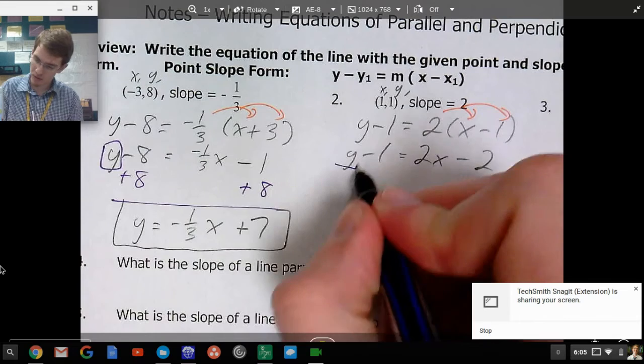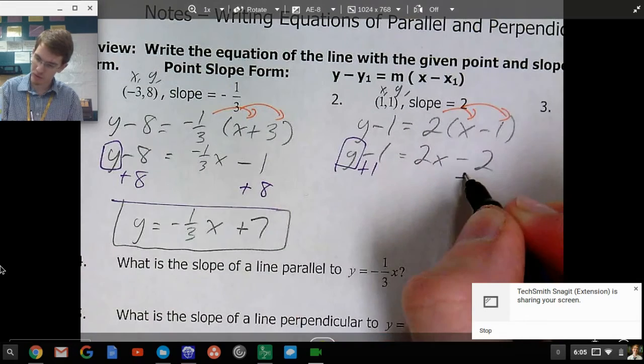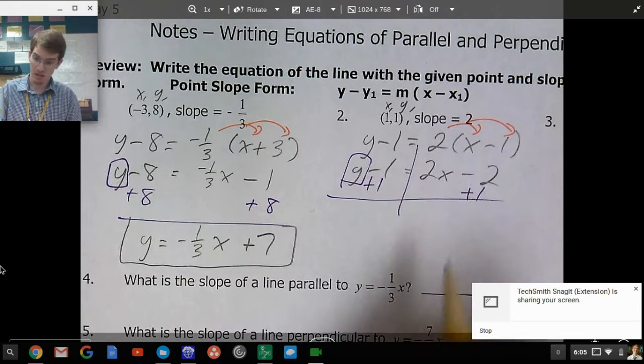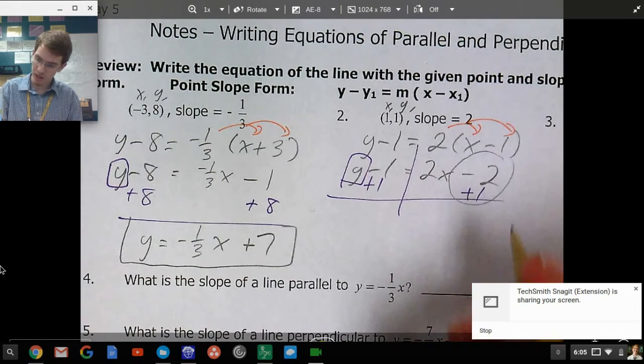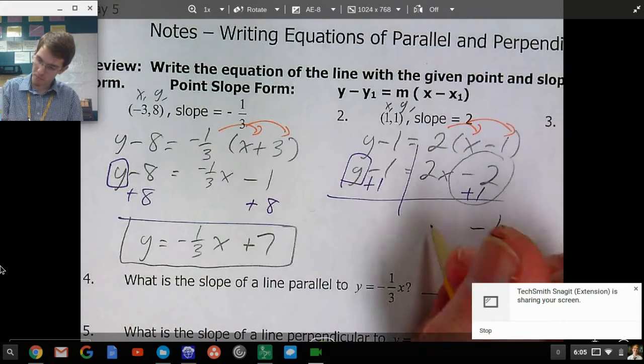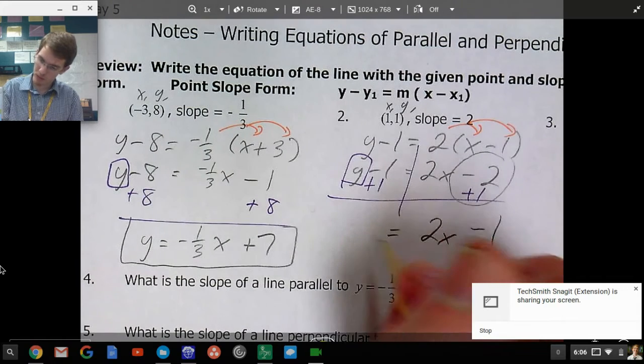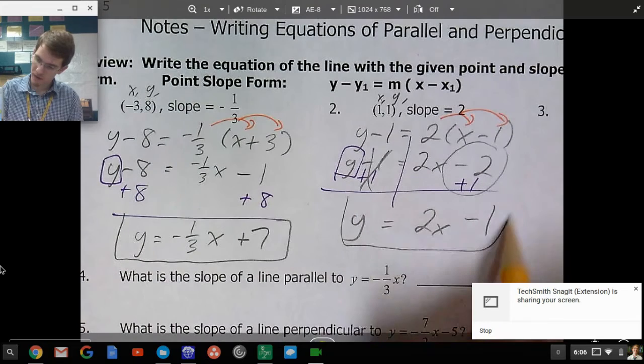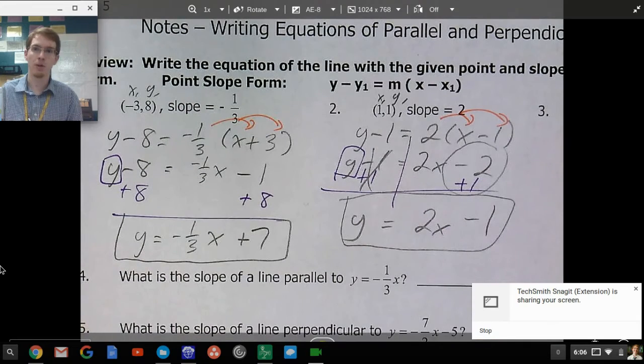Y is not by itself, so we have to add 1 to both sides, being careful to only do it once on each side. You can combine these two right here, and that becomes a negative 1. So we get 2x minus 1 equals y, because that's a zero pair right there. Now that is in slope-intercept form.